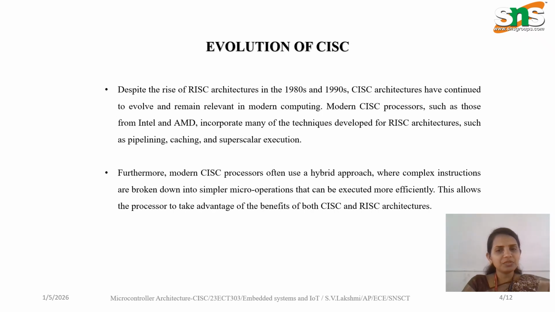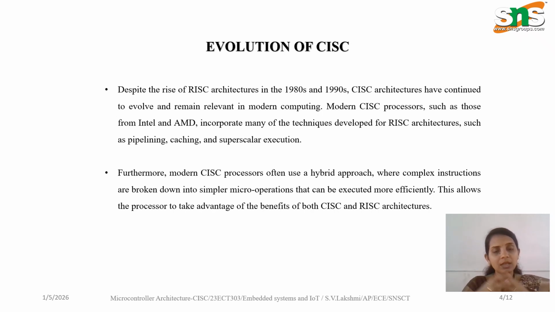So the evolution of CISC: in the early 1980s with the rise of RISC architecture, which is reduced instruction set computing, CISC has continued to evolve. The modern CISC processors such as Intel and AMD, the American MNCs, all incorporate techniques developed for RISC architecture such as pipelining, caching, and superscalar execution.